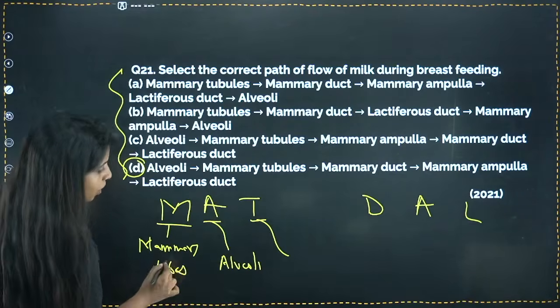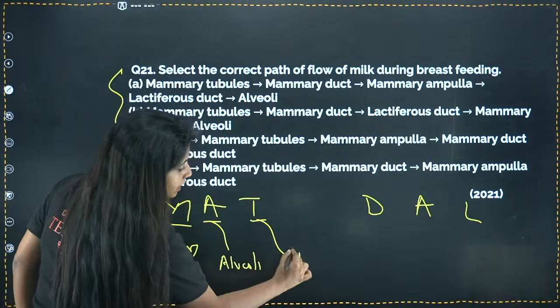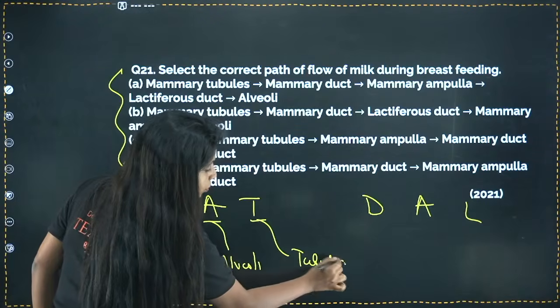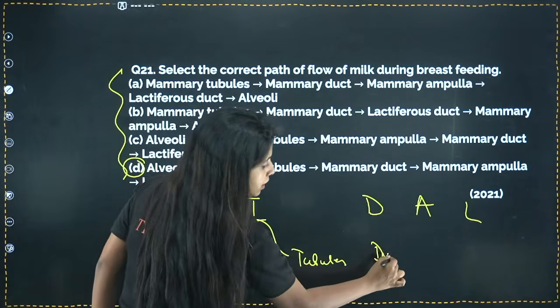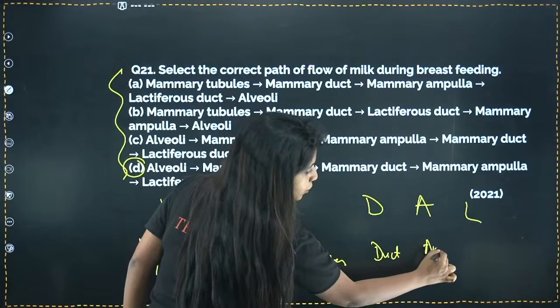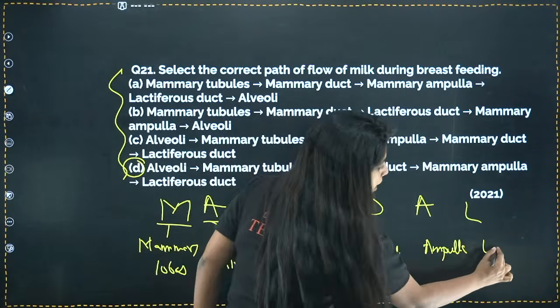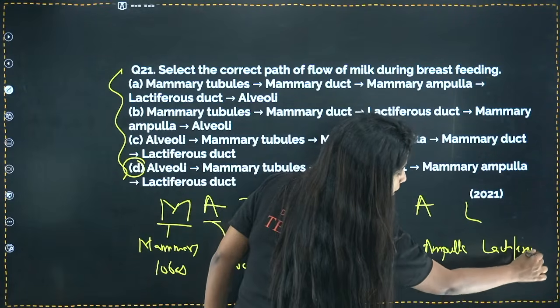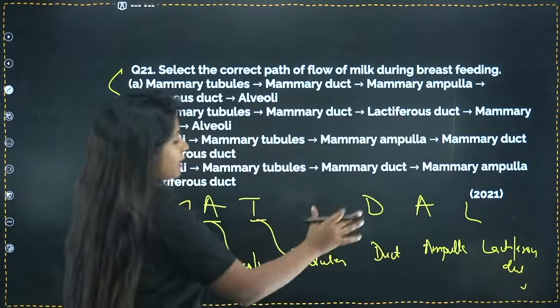M stands for mammary lobes, A stands for alveoli, T stands for tubuli or tubules. Tubules open into duct. Duct opens into ampulla, and ampulla opens into lactiferous ducts. This is MAT and DAL.